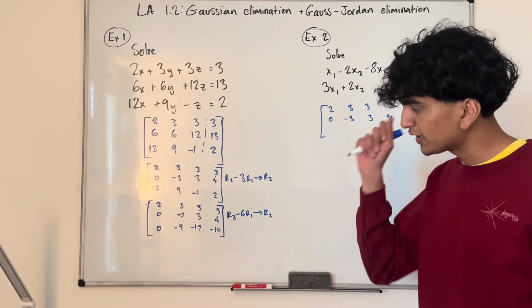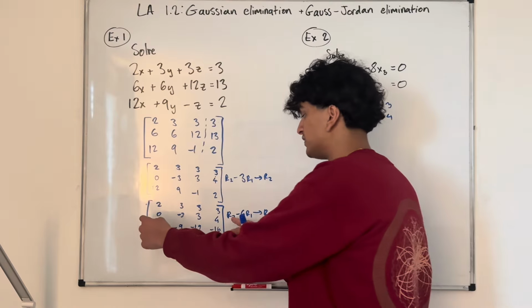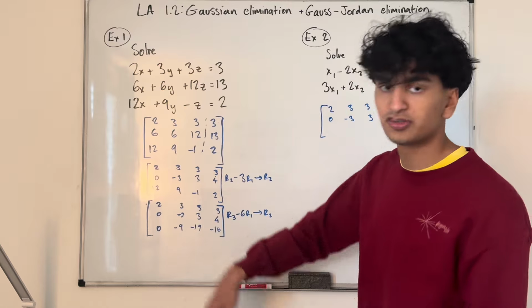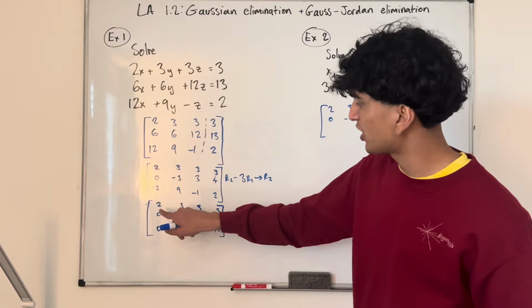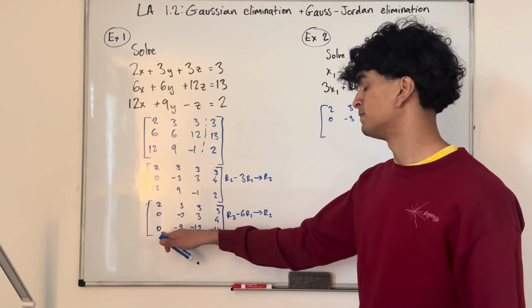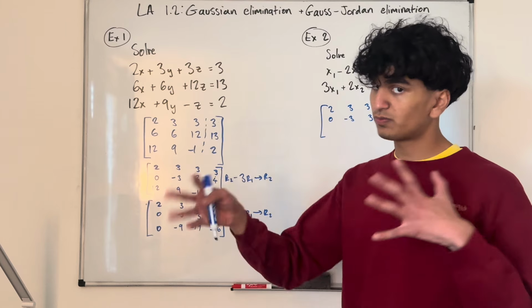So instead, I'm left with really no choice but to use the second row, because the second row has this 0. There are 2 zeros here. I can throw whatever operation I want at this 0, and it's not going to change that 0. Anything times 0 plus 0, right?